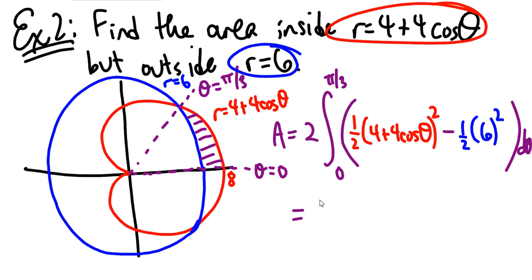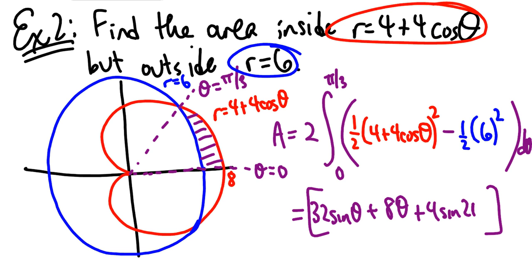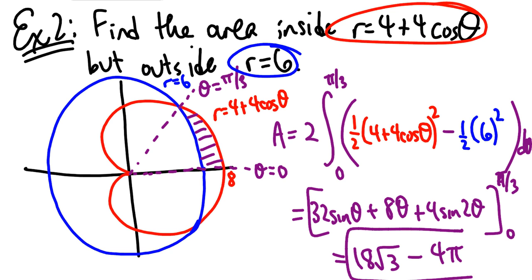Well, it turns out after some work and a double angle formula that this is 32 sine theta plus 8 theta plus 4 sine of 2 theta from 0 to pi over 3, and that's 18 radical 3 minus 4 pi. That's what this is.